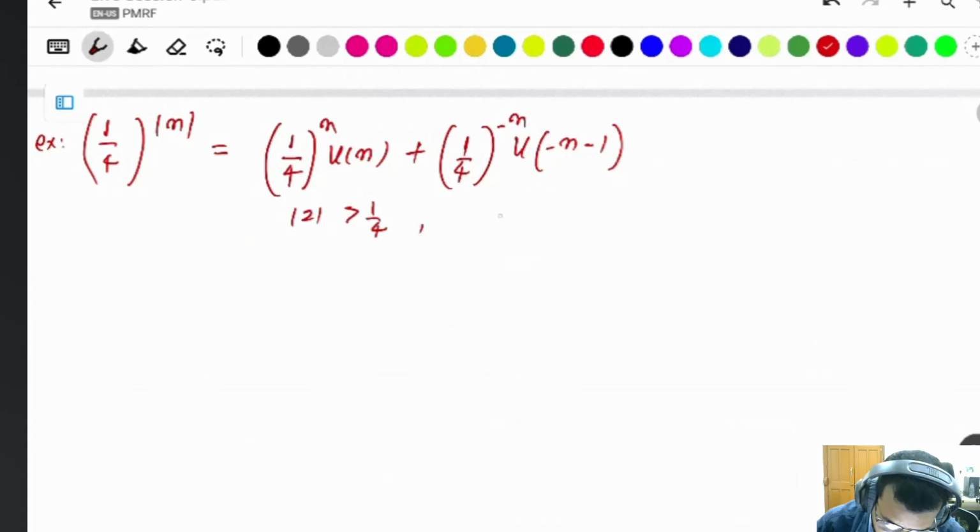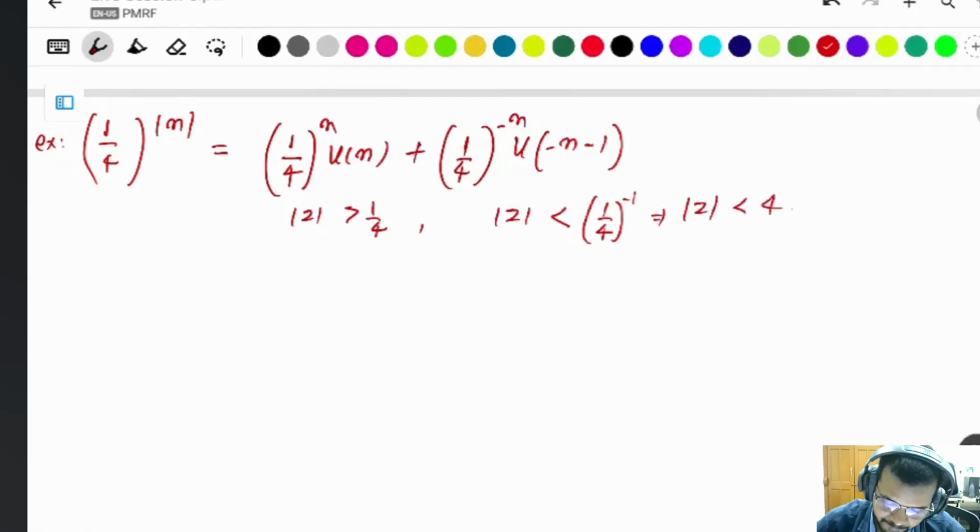But here mod of z would be less than, because this is the left-sided signal, less than 1 by 4, because there is a minus n, that's why this will be inverse. Taken only this one, alpha is 1 by 4 to the power minus n minus 1 also, that's why we have taken 1 by 4. It means mod of z should be less than 4, greater than 1 by 4 and less than 4.